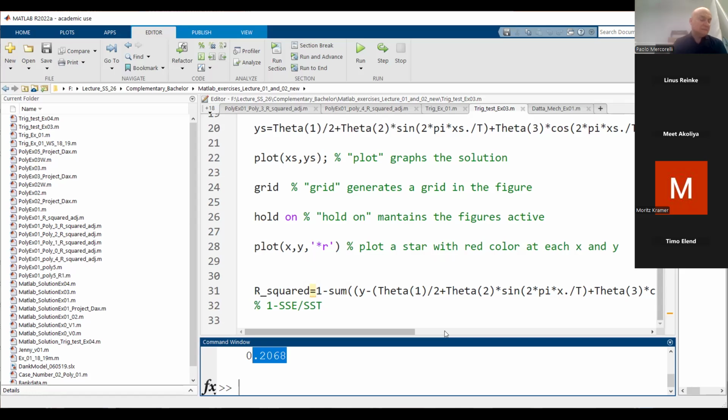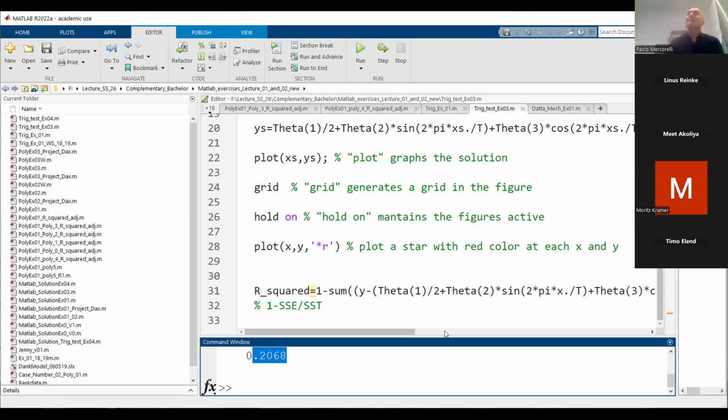R square is an indicator which can be used to calculate theta 1, theta 2, basically the parameters, but we cannot use it in general, because with respect to the number of the parameters, this is the key point, it is not convex. But in general, we know that a very low value of R squared indicates very large deterministic error. Do you remember this?